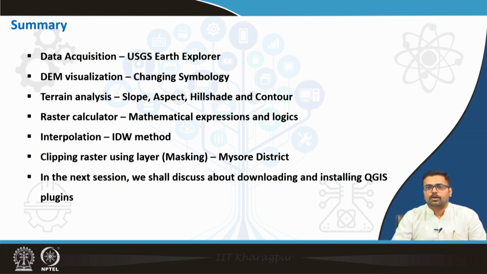How to change the symbology, how we can add various colors, and then we performed terrain analysis, slope, aspect, hillshade, contour I did not show. You can explore contour by clicking on the processing toolbox, and we then saw raster calculator. We saw what all the mathematical expressions that can be given, followed by interpolation for Mysore district and rainfall values, that is the point values, how to interpolate with IDW method and getting that as a raster layer.